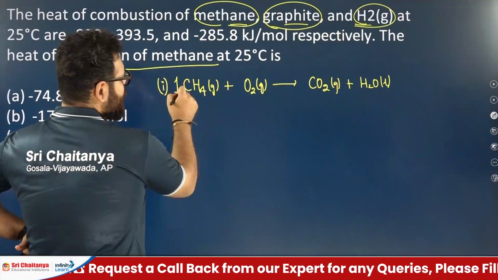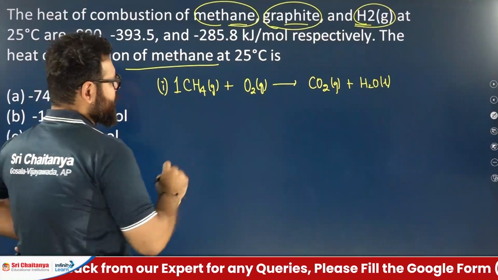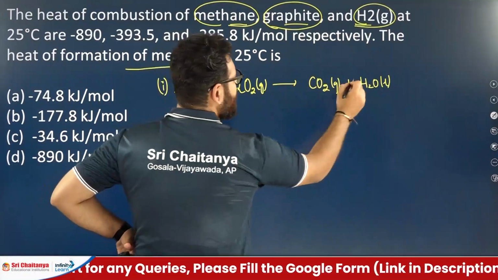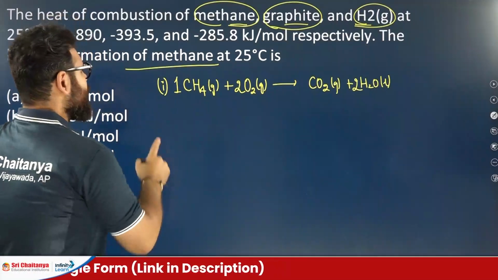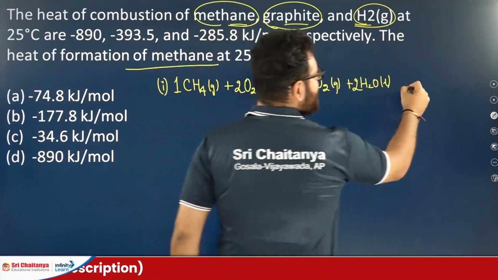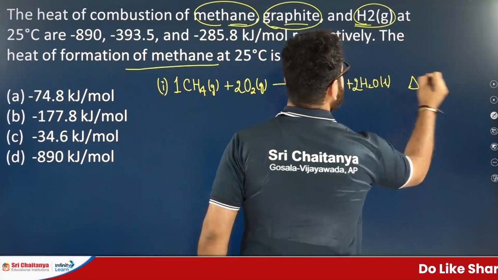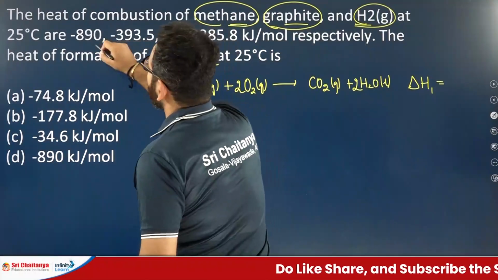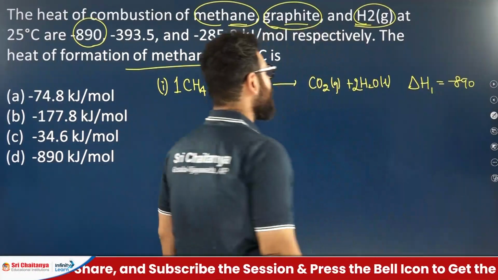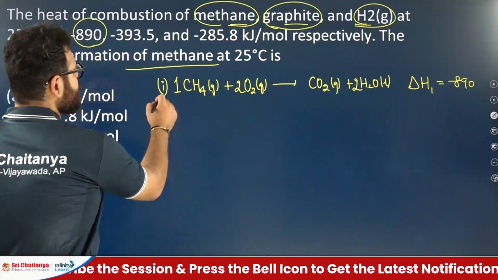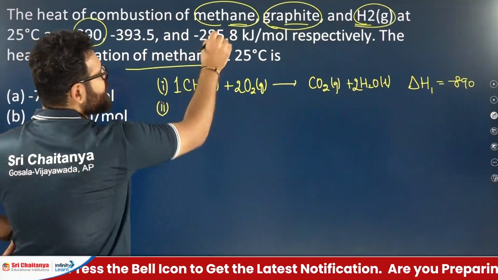Balance it according to 1 mole of methane, because combustion is always per mole. So I'll get 2 oxygen here, 2 H2O here. For this delta H is given. Let me call it delta H1, which is minus 890 kilojoule per mole.